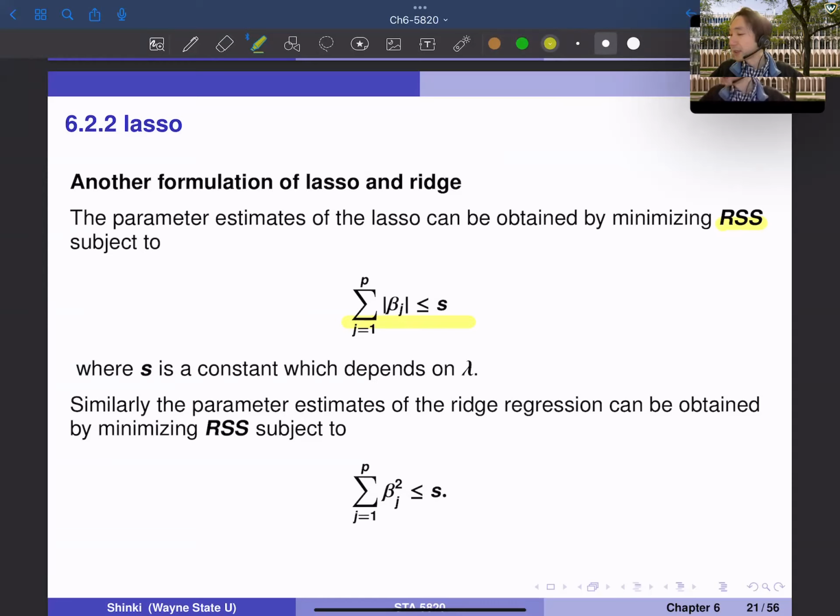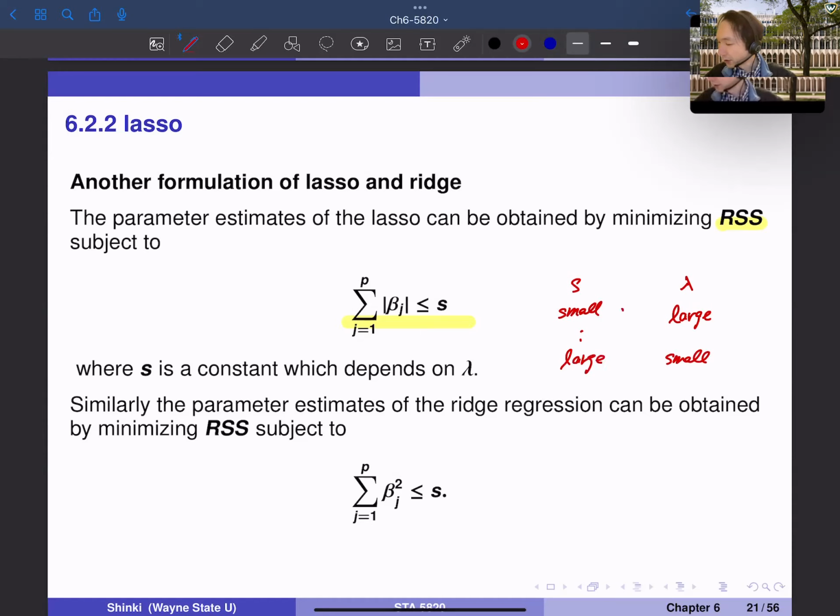Solving this optimization problem is equivalent to estimating lasso with some lambda. So there is a correspondence between s and lambda. A large lambda means a larger penalty, so that means a small s, and a small lambda corresponds to a large s.